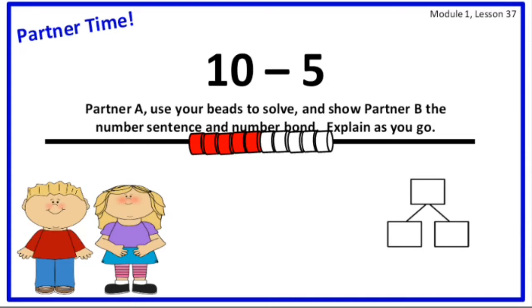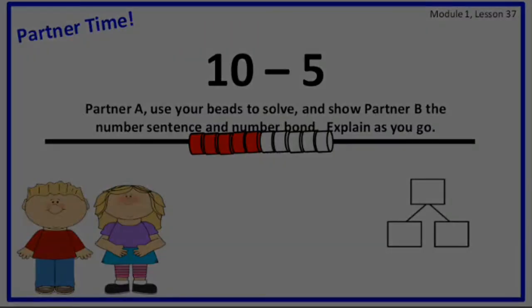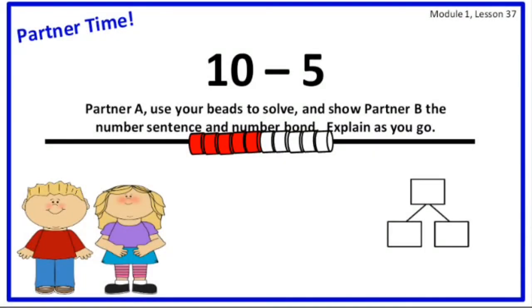Now they told partner A to solve using his beads. Alright, and what do we have? 10 minus 5. So if I cross out 5, let me see the 5 whites. You see that? If I cross out the 5 whites, how many is left? The 5 reds. Do you see that? Good. So he has 5 beads left.